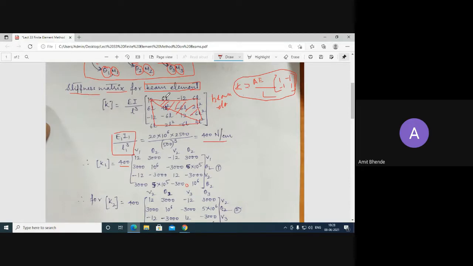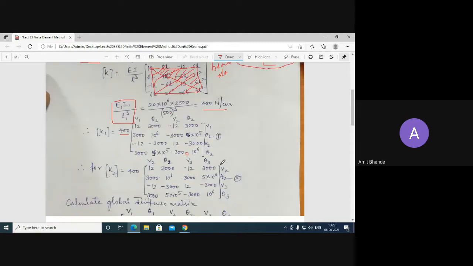So this value will come to here, this value will come to here, and so on. So if you remember the upper half of this element stiffness matrix, then you can find out the lower half, because it is just a mirror image.